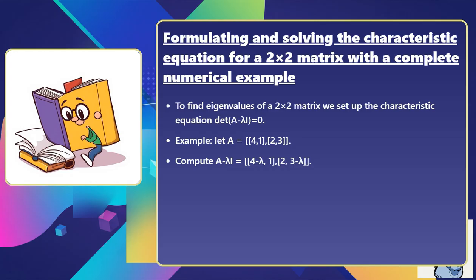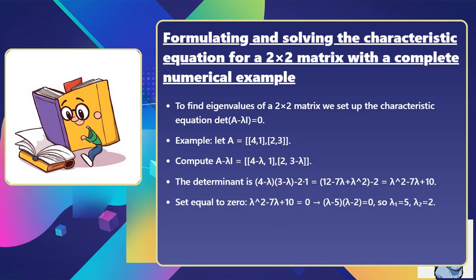The determinant is (4 minus lambda) times (3 minus lambda) minus 2 times 1 equals (12 minus 7 lambda plus lambda squared) minus 2 equals lambda squared minus 7 lambda plus 10.